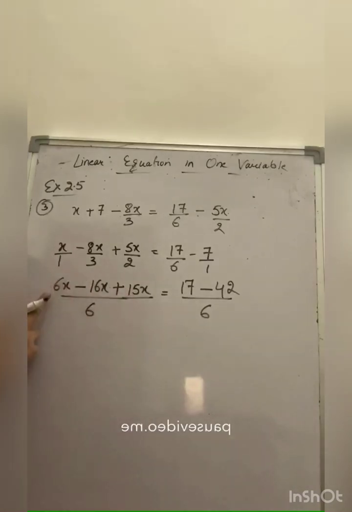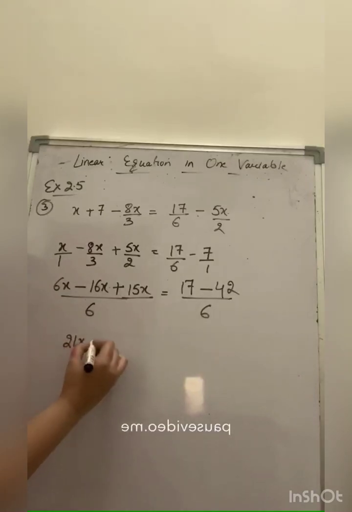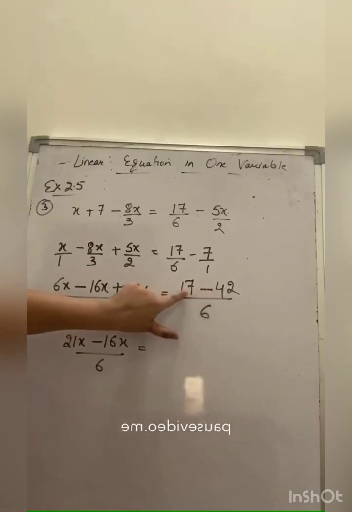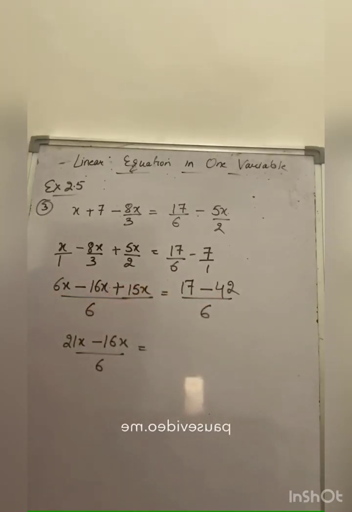Now beta, now see. This is positive, this is positive. 15x plus 6x, 21x minus 16x over 6 is equal to. This is negative, this is positive. So when we have one number positive, one number negative, what we do? We subtract. 42 minus 17 is 25.